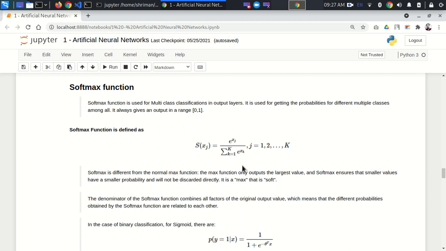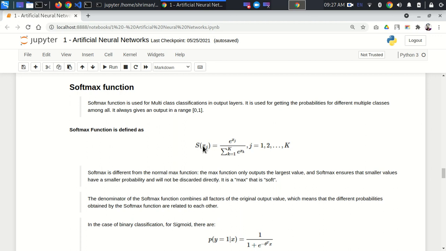Suppose there are 10 classes: we calculate the exponential for each of the 10 classes, sum them up, and then divide. In that case we get the probability that this particular object belongs to which class.